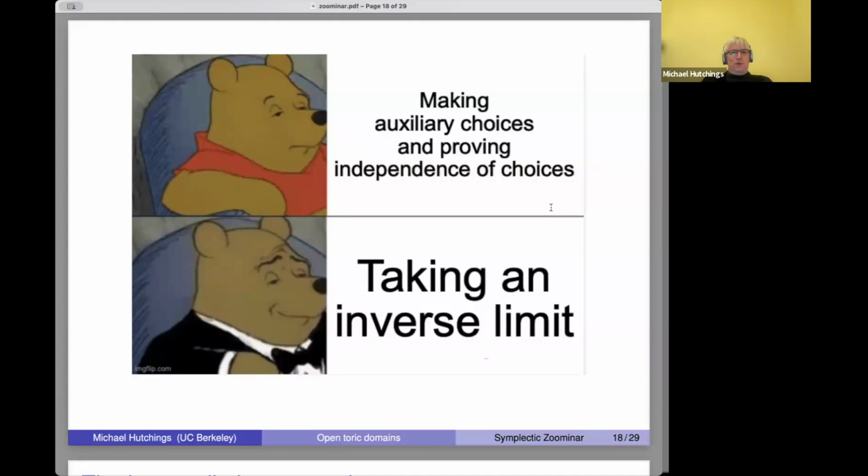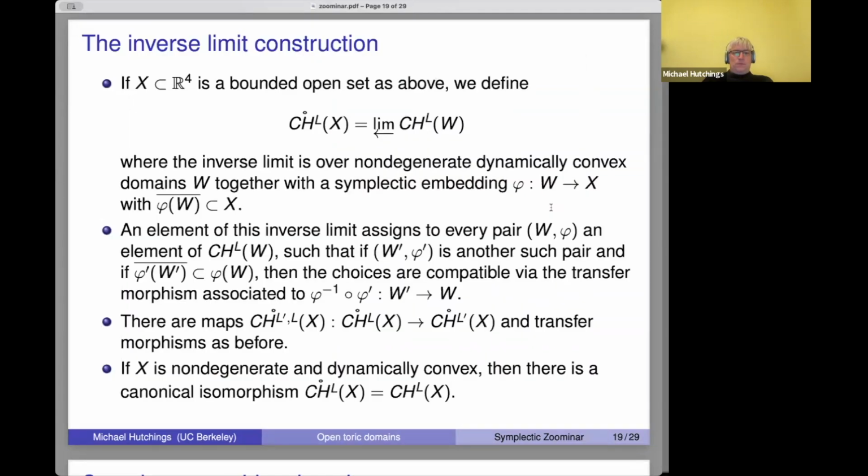So here's what we do. If X is a bounded open set, I'm going to define CHL with a little circle on it over X. That circle is supposed to indicate that it's the invariant of open domains.